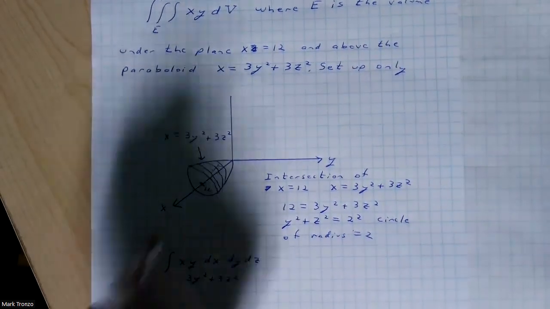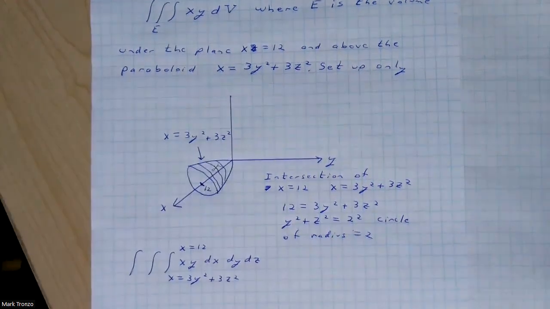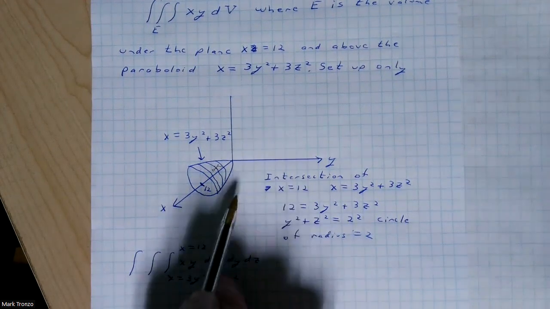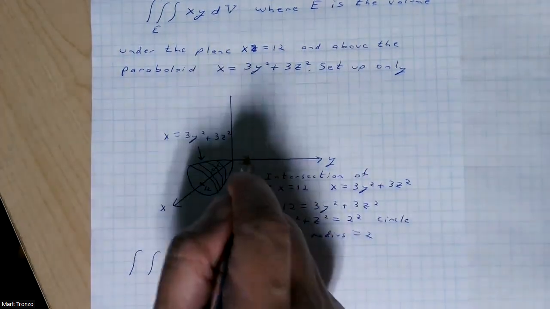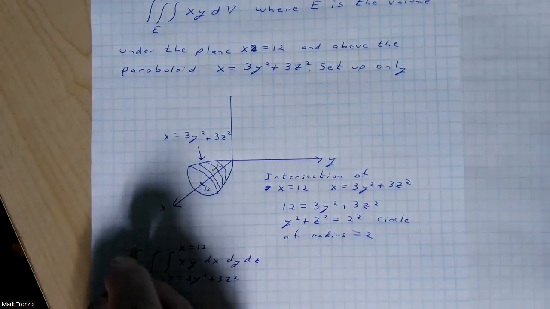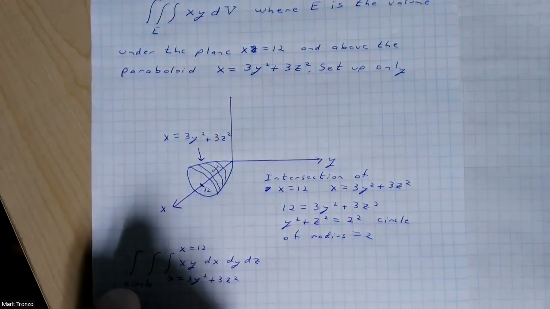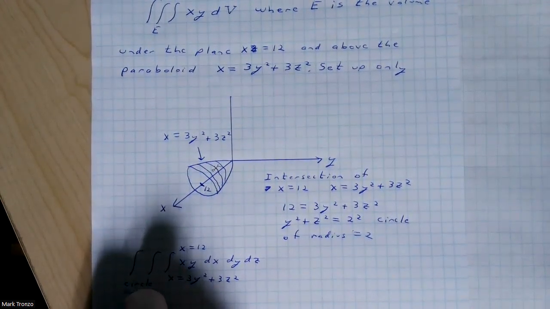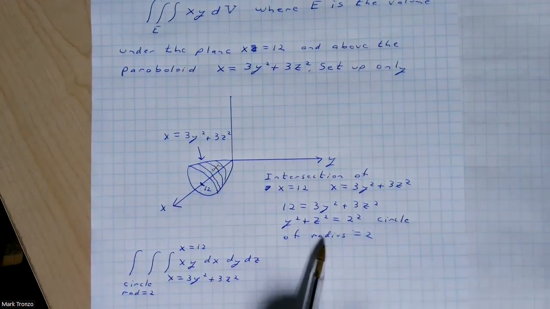And again, your head is pointing towards x equals 12. And then the last two integrals will be the projected area back here, a circle of radius 2.